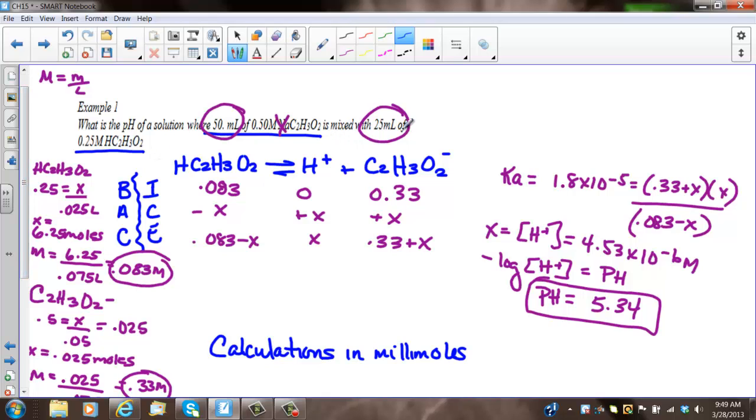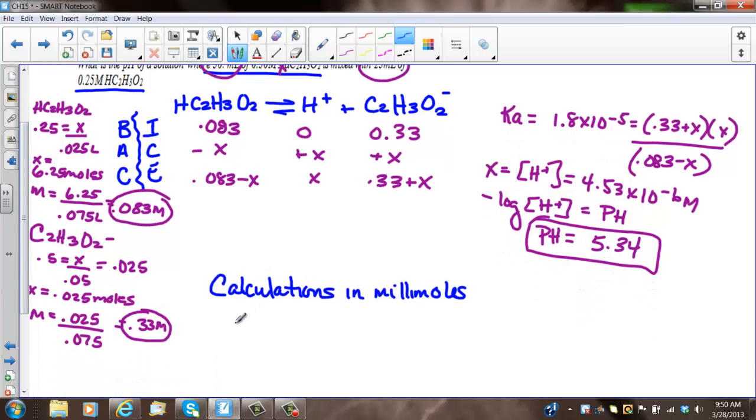So for your base, you've got 0.5 times 50. Okay, so you've got 0.5 moles equals x over 50 milliliters.